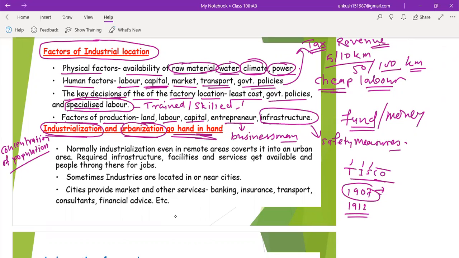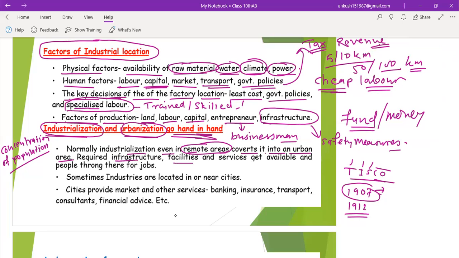Normally, industrialization even in remote areas converts it into an urban area. The people belong to villages, but by the time industrialization is set up there, it produces a lot, and it makes people settle their houses around the industry, and that converts the village-type area into an urban area.